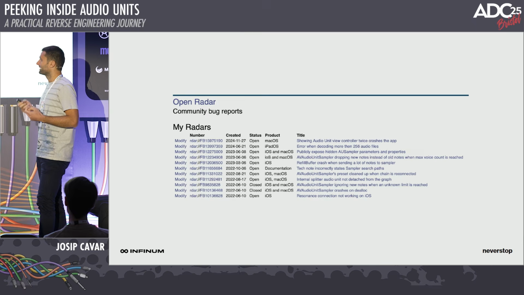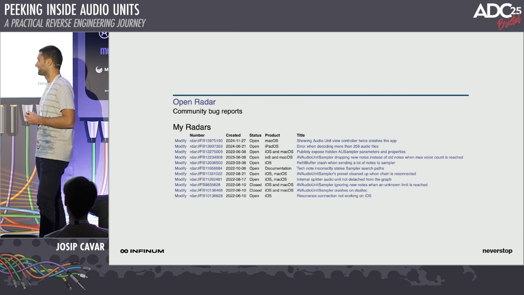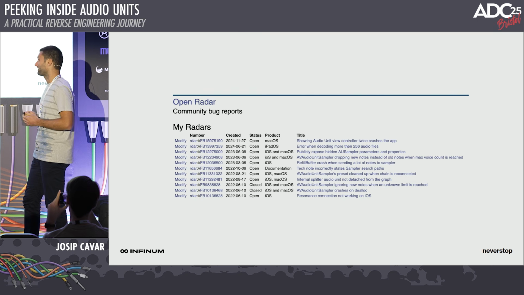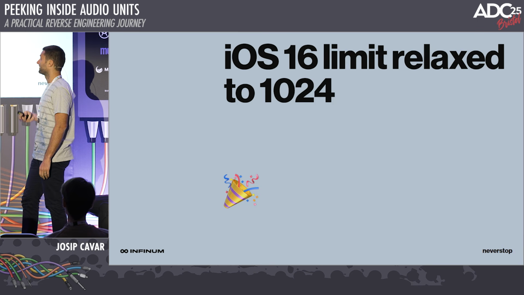It is unfortunate that there is all of this functionality that is not documented by Apple, so we filed this as a radar to Apple along with many others. Some of them were fixed, some unfortunately not, but we were very happy that Apple fixed this limit in iOS 16 for us, and it's now 1024 concurrently playing audio samples, which really enabled some new use cases for our app we were looking for.